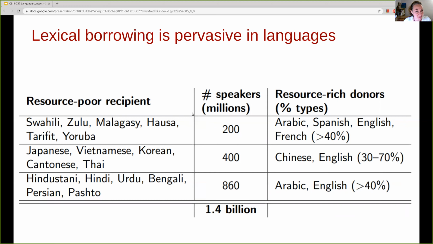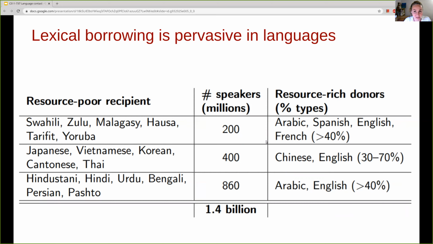But 30 to 70% of their vocabulary can actually be mapped into historically, geopolitically important languages. So languages like Arabic, Spanish, English, Chinese are resource-rich, but also they are donor languages to resource-poor languages, not by chance.